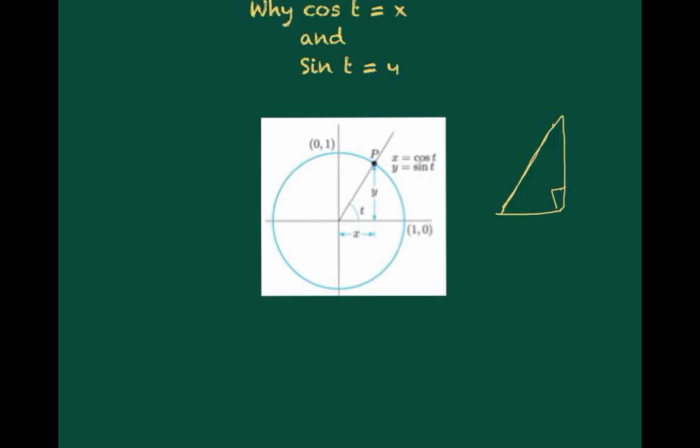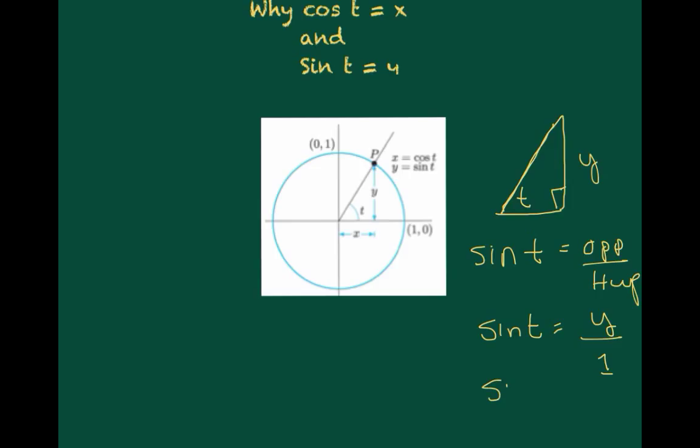So this angle down here that we're calling t, if we were to look at the sine of angle t, it would of course equal opposite over the hypotenuse. Now, the opposite side is the y coordinate. So the sine of t equals opposite, which is y, over the hypotenuse, which is just 1. So that's why we say that the sine of t equals y.